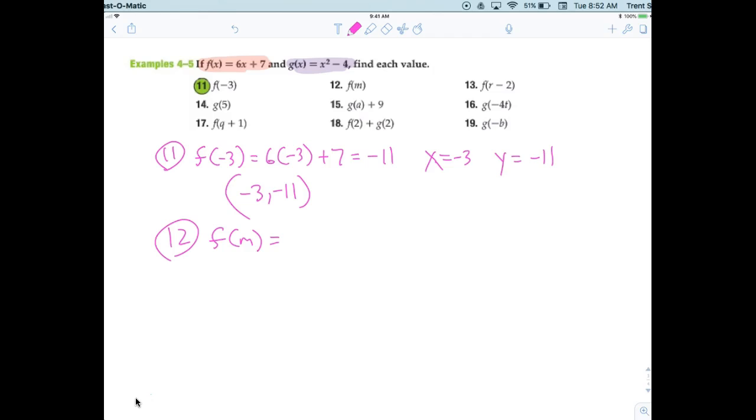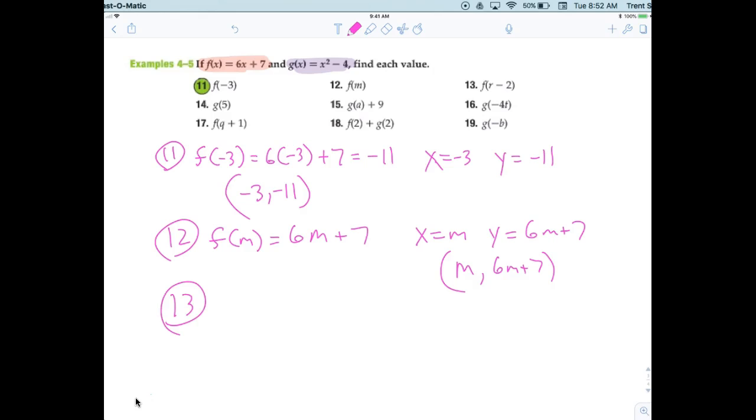So f of m is equal to 6m plus 7. Guess what? We're done. What does that actually mean? That means when x is m, y is 6m plus 7. That also means that the ordered pair (m, 6m plus 7) is on the graph. Everybody good? All right, let's let the fun continue.